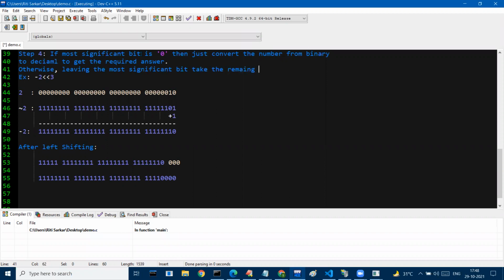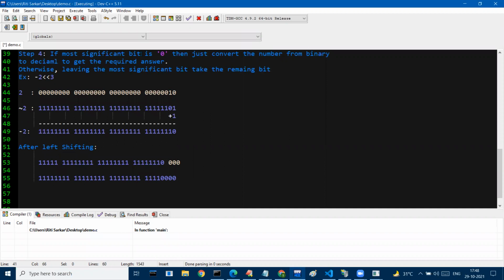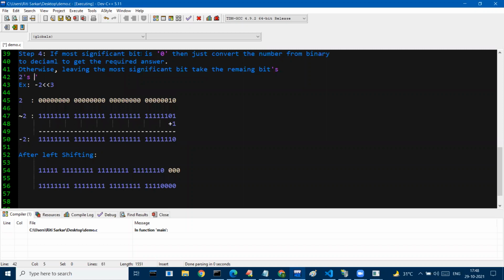Take the remaining bits, that means all except the most significant bit, and take their 2's complement to get the required value.